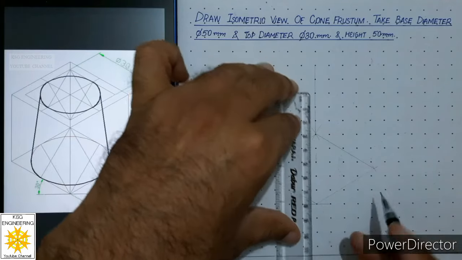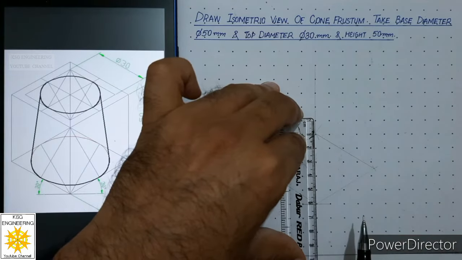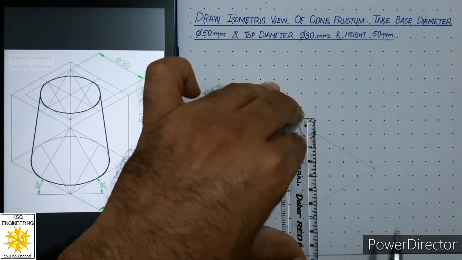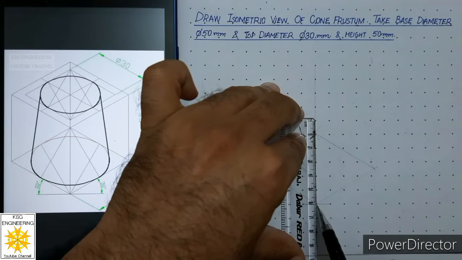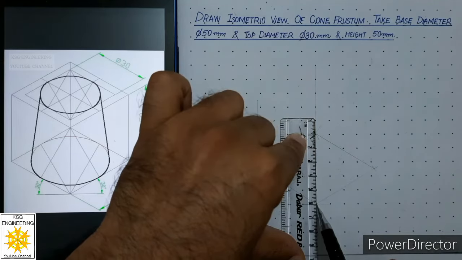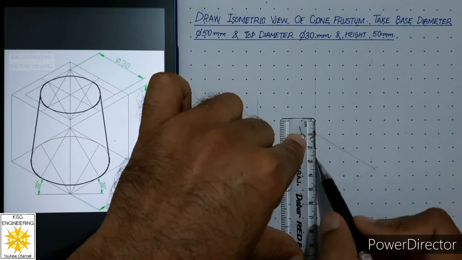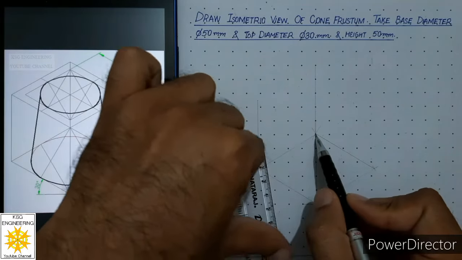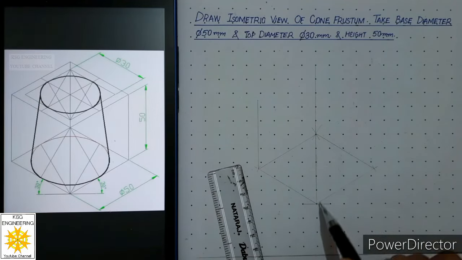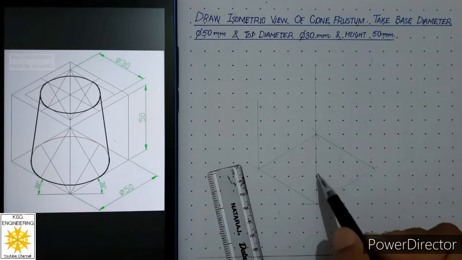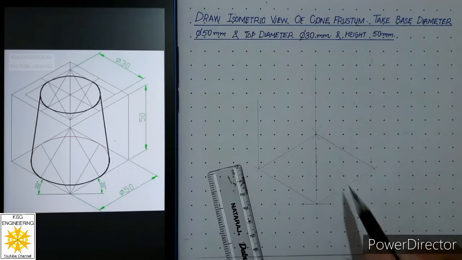Similarly, from this point, draw a continuous thin line of 50 mm by placing the scale in vertical position, and when you draw a line of 50 mm from this point, it will exactly stop at this corner. So this is the geometry of the isometric projection of the cube. So don't get confused. When you draw a vertical line from this corner, it will exactly stop at this corner.